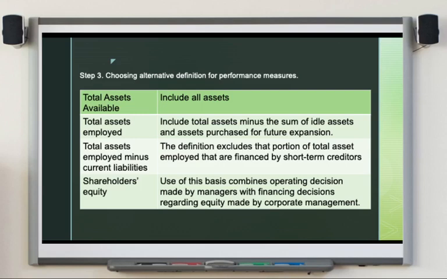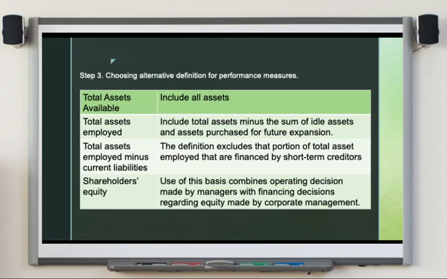So, for example, the term total asset may refer or may mean total asset available, which includes all assets, even though some of the assets are not used in the operation, such as those properties acquired for purposes of accumulating wealth.